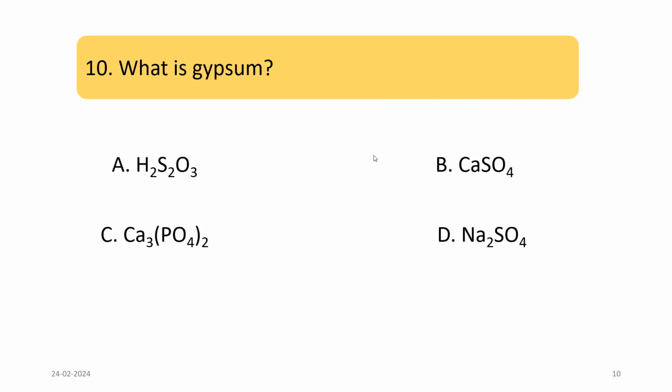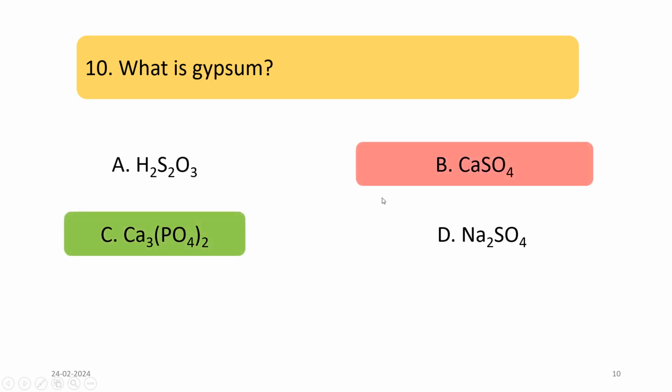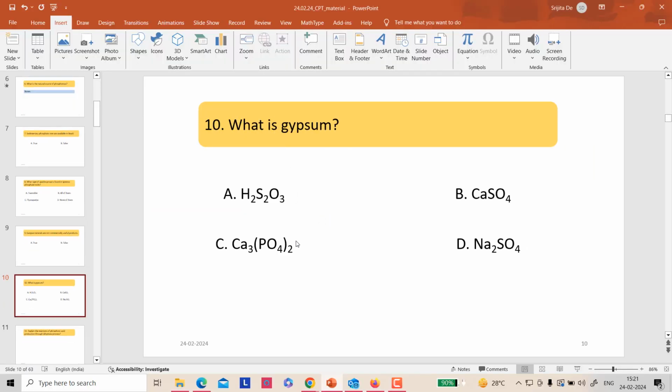Next is what is the structure of gypsum? It's calcium phosphate, ma'am. No, calcium phosphate is not gypsum. Calcium sulfate is this.